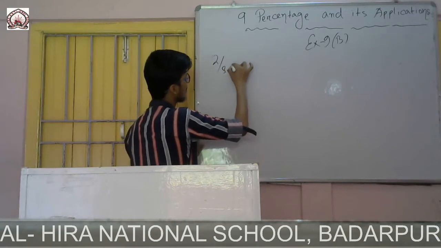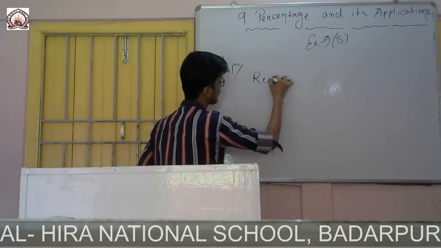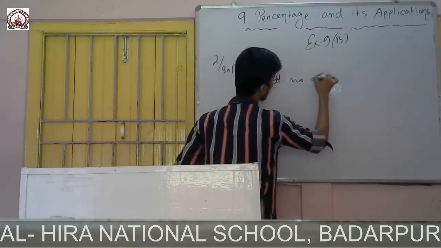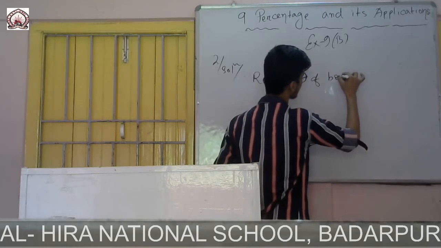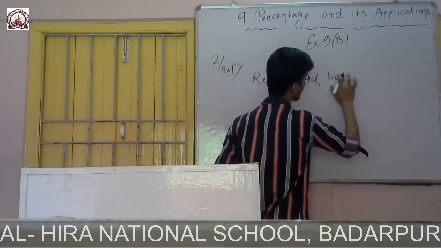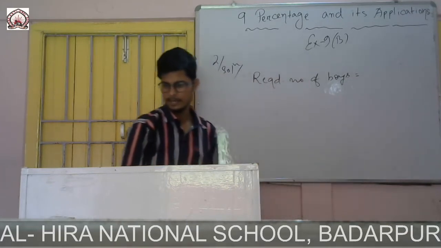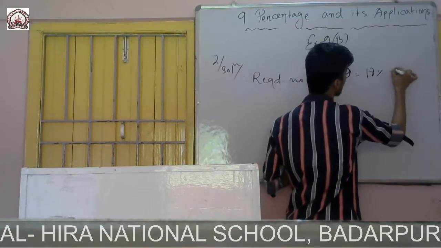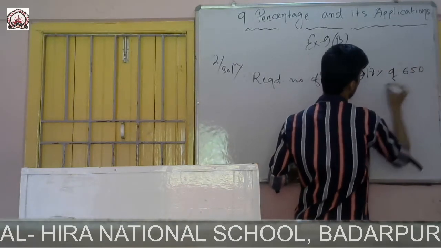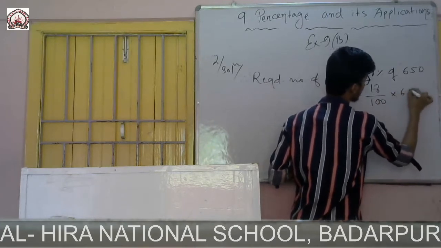So directly you write, therefore required number of boys equals 18% of 650, that means 18 by 100 of 650.